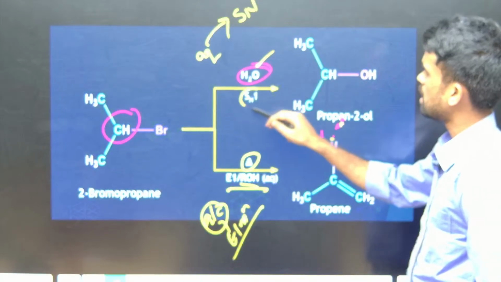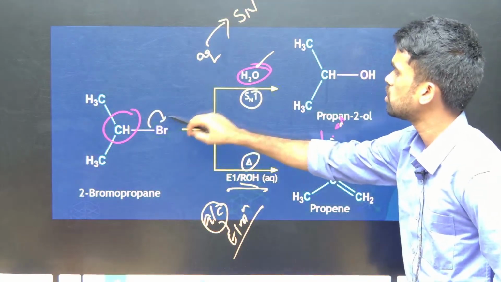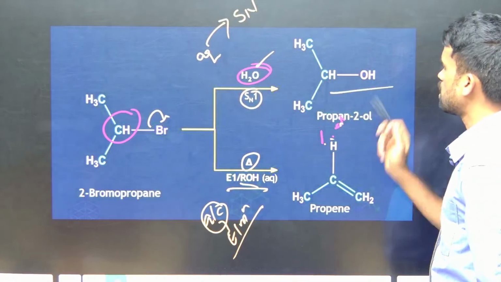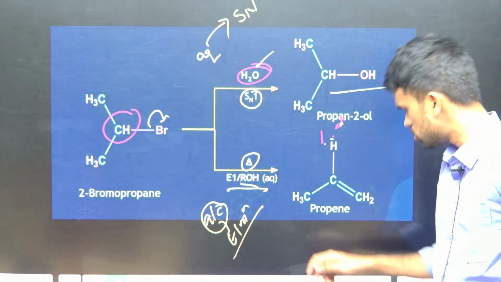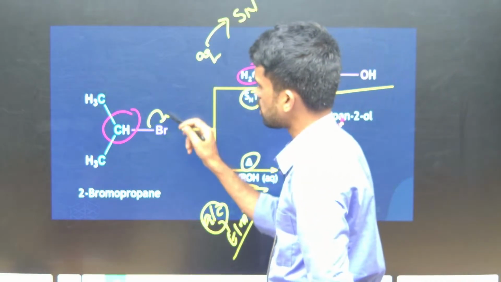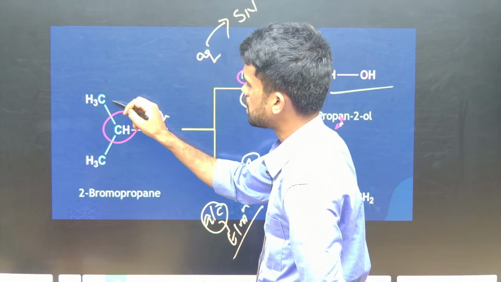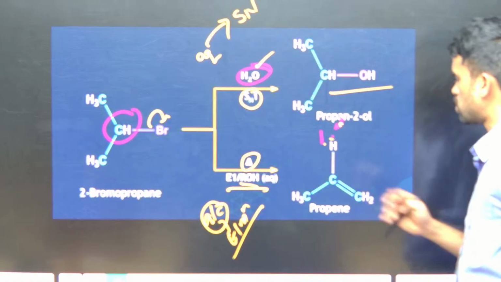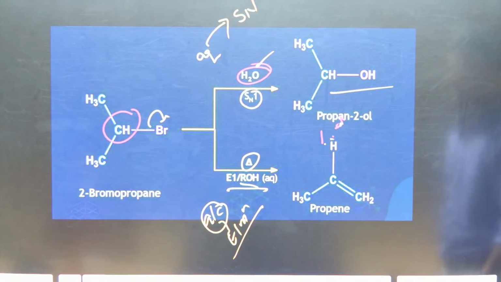In the SN1 reaction here, chlorine goes out, OH minus enters, and you get propanol. In the elimination reaction, alkene is formed: the bromide ion goes out, a carbocation forms, then the beta proton is eliminated, and we get a double bond, so propene is formed.